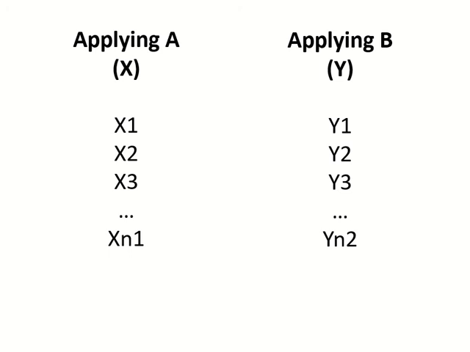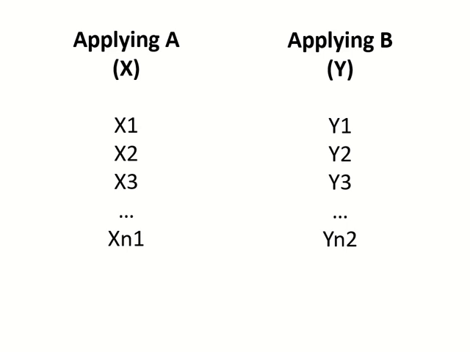We have already collected a sample of n1 persons, we are applying drug A on n1 persons, and we will collect the data x1, x2, x3, x4. That is, the effect of the drug on the first person is x1, the effect of the drug on the second person is x2, and so on.